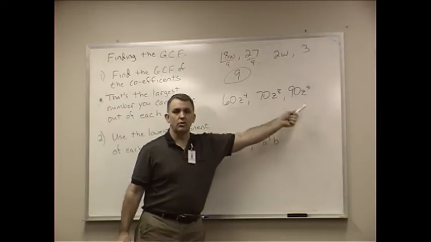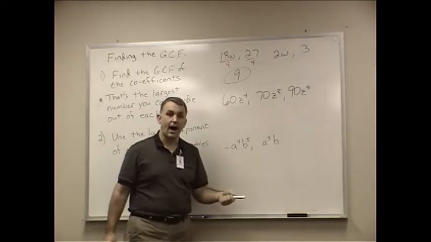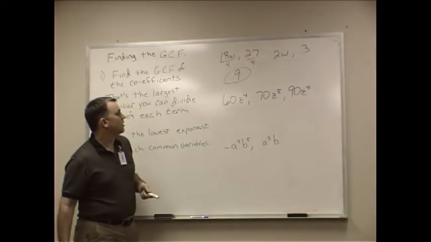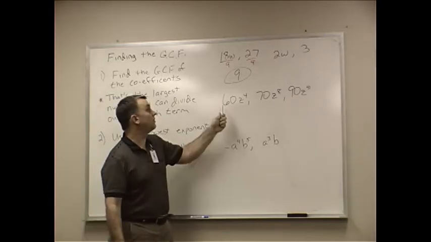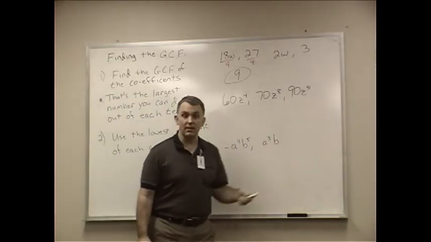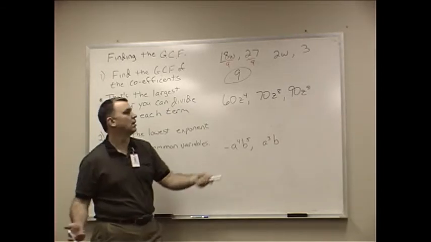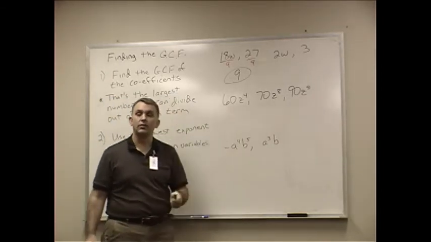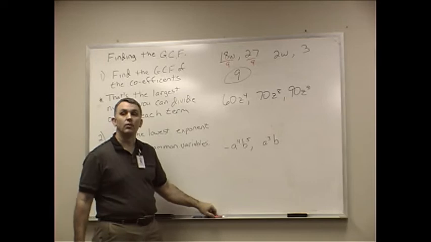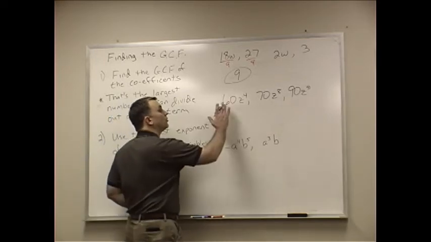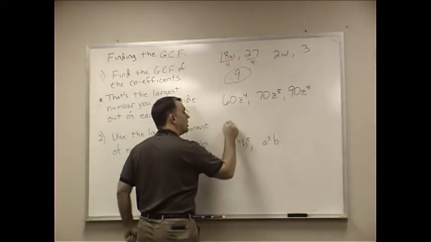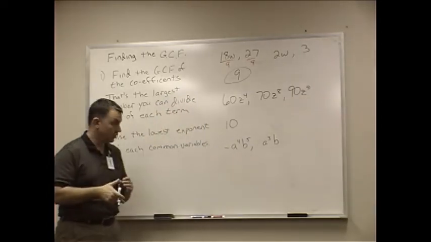Yes, you can divide out 2's. Yes, you can divide out 5's. Now there are some people that look at it and say, but you can divide a 30 out of the 60 and the 90. Yes, you can. Can you divide a 30 nicely out of the 70? The answer is no, you cannot. So 10 is the largest number we can divide out of all of those.